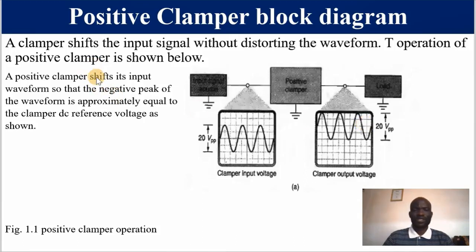So a positive clamper shifts its input waveform so that the negative peak is approximately equal to our 0 reference, so our negative peak is sitting on the 0 reference voltage.